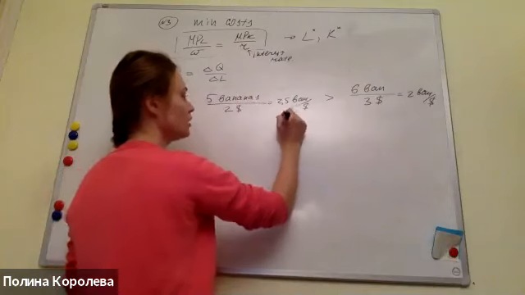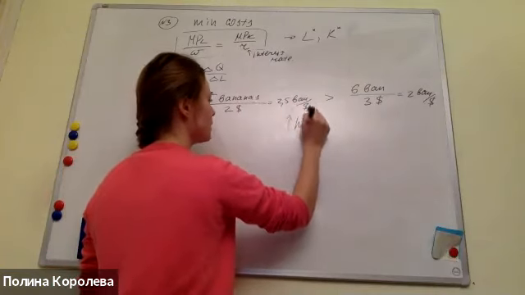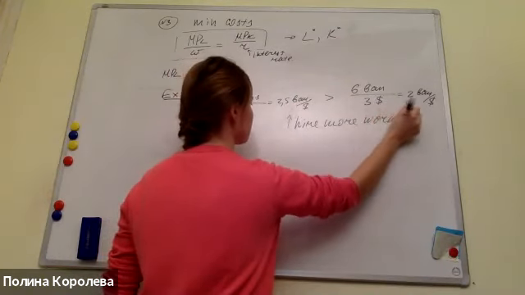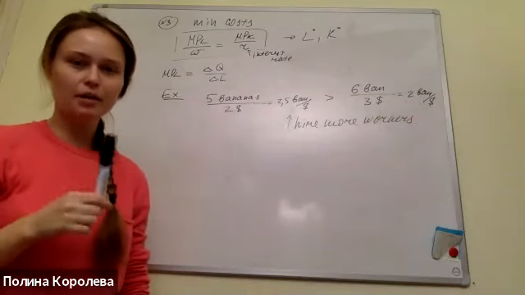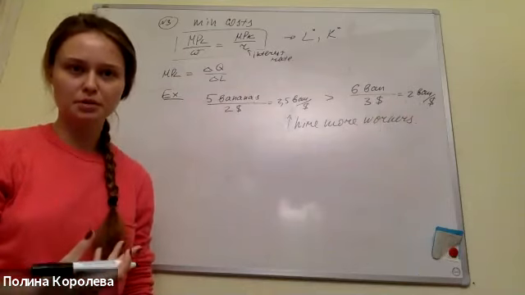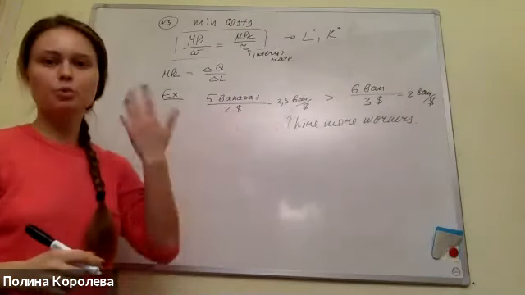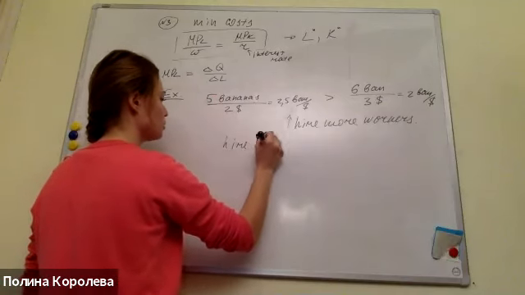So we want to hire more workers. But let's remember that we have the law of diminishing marginal returns for each factor. So let's hire one more worker.